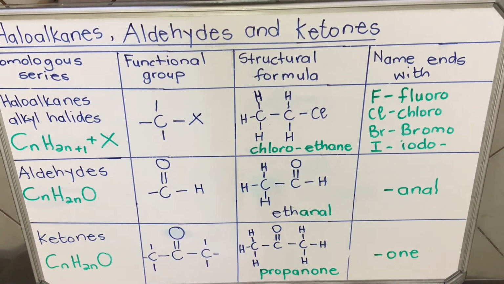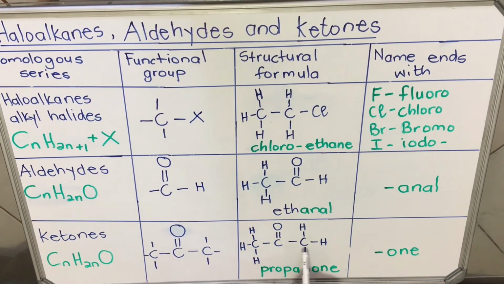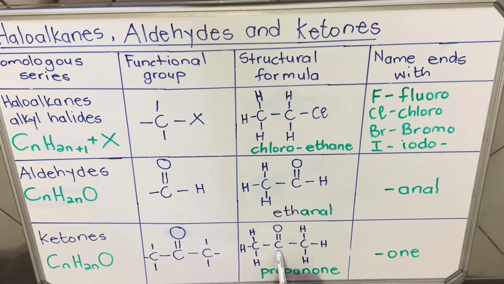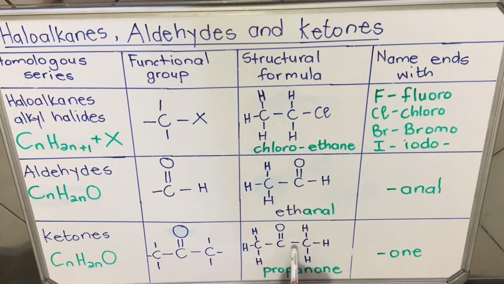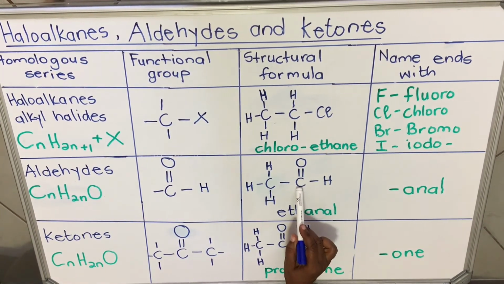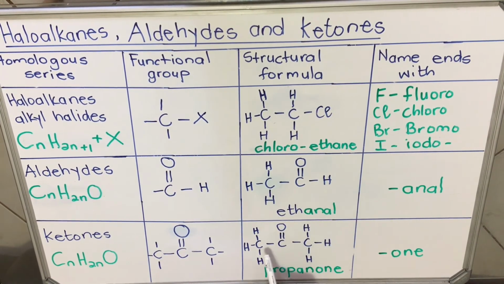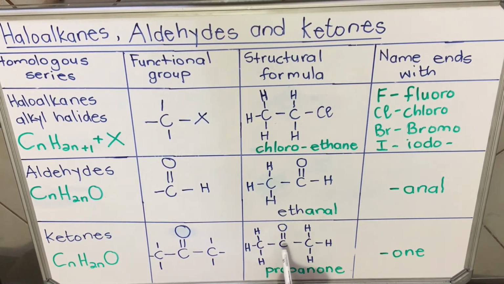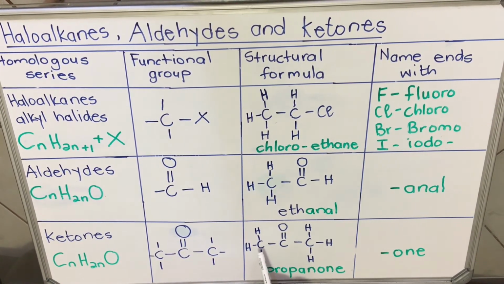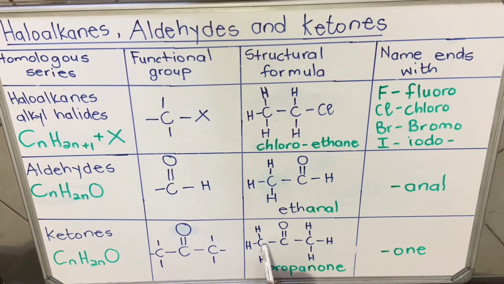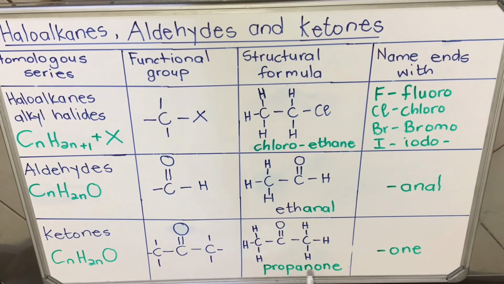With a ketone, in the structural formula, you see that the carbon that has bonded with oxygen is between 2 other carbons. It's not like this one, where the carbon has a hydrogen. It's between 2 other carbons. Then this carbon will be, because of 1, 2, 3, propanone.